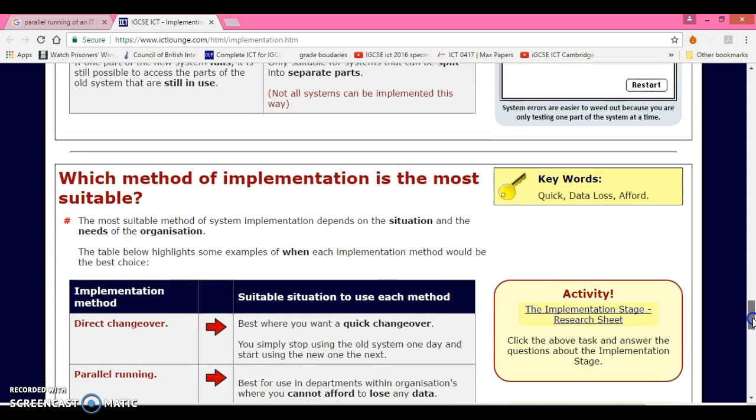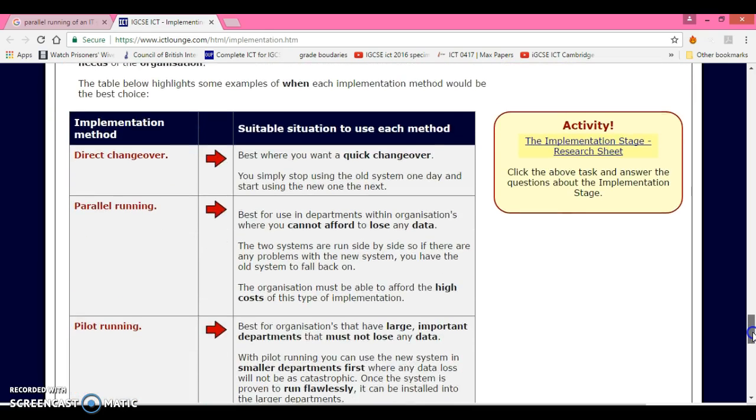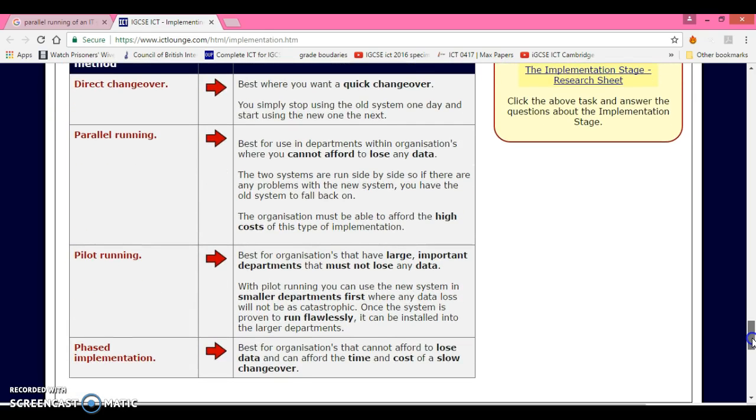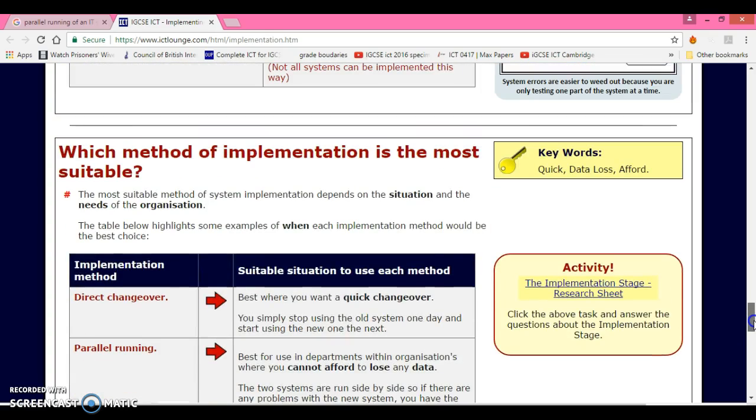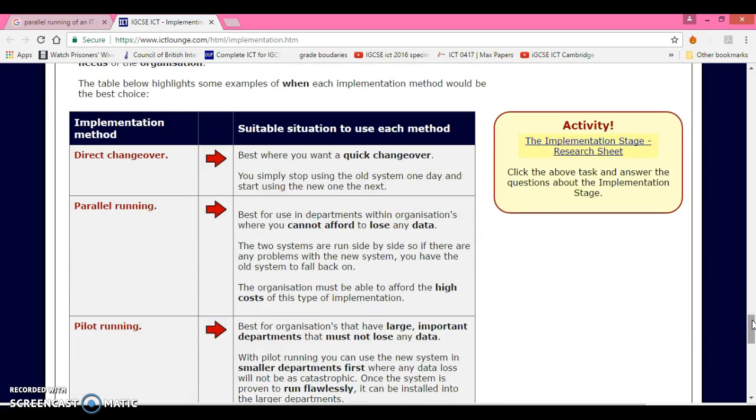Now we've got to think of situations where the method is the most suitable. So this is where we've got to discuss ideas. For the direct changeover, you're going to discuss what the direct changeover is, and then give an example of where a direct changeover would be suitable.